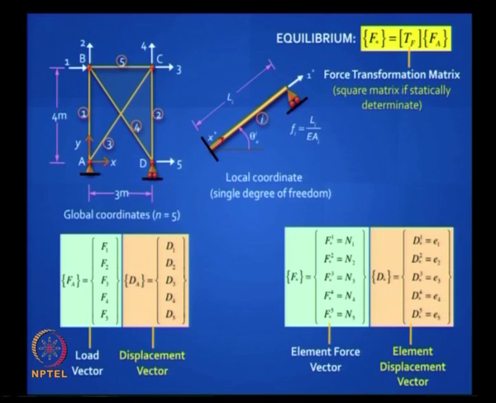Now I have written here F1 star, F2 star, F3 star, but you can write if you want F1 1 star, because really your degree of freedom is 1 star. So whether I write just star here or 1 star here, in the case of a truss it does not matter, you can choose either. I will show you alternatively how you can do it. So this is nothing but the bar force, and the internal D1 star is nothing but the bar elongation. Do you understand what this means? Everything makes sense? Okay.